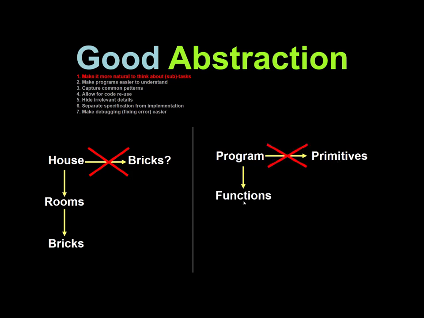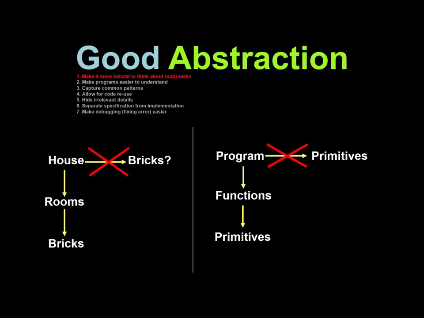Instead, you should organize your programs as functions, and functions are made up of primitives. This way of thinking is more natural because we now have functions with proper names to make clear what they are at different parts of the program, rather than a bunch of primitives with no obvious meaning.